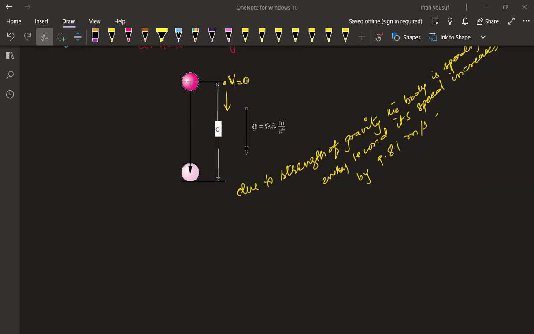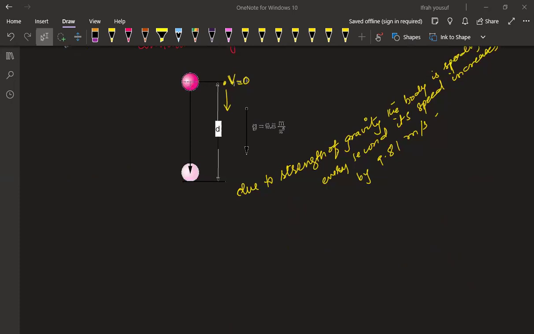What will happen if different objects are released from the same height, but the size of the object is different? So who will reach the terminal velocity first?